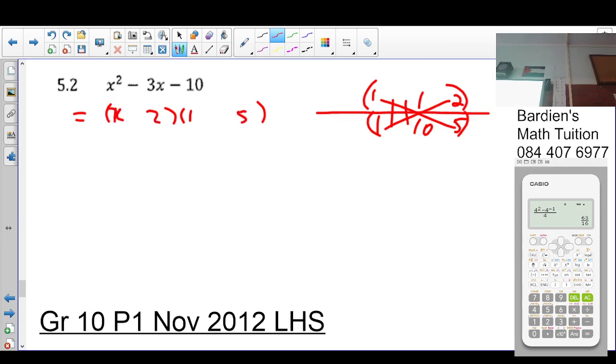There's x squared, so it's x and an x. What about our signs? Different signs, one plus, one minus. The bigger product is the sign of the middle term, so it's going to be minus. Okay.